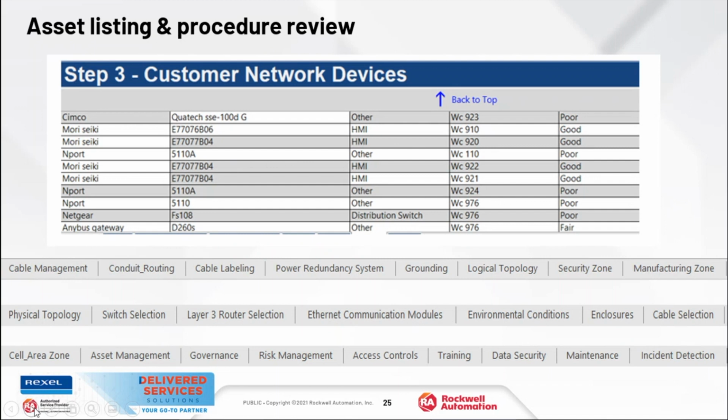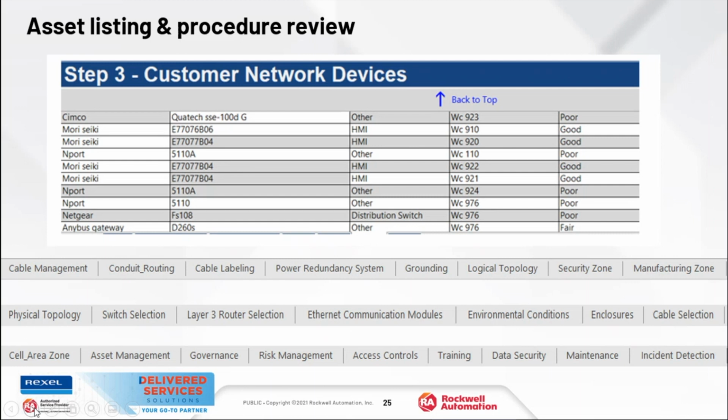We also review sections inside of all of those tabs specific to your facility: security, manufacturing, power redundancy, layer 3 routers, asset management, access control, what training is in place, what your security looks like, and what incident detection is already in place. This is reviewed based on your facility.